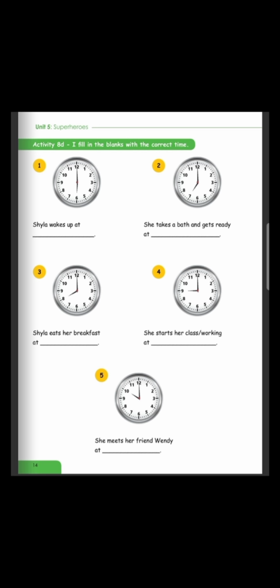O'clock. Number 3. Look at the clock face. What time is it? Sheila eats her breakfast at what time? Yes, 8 o'clock. E-I-G-H-T, 8. Number 4. She starts her class working at.